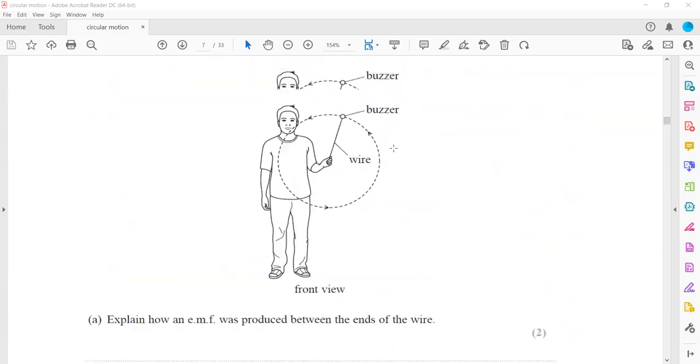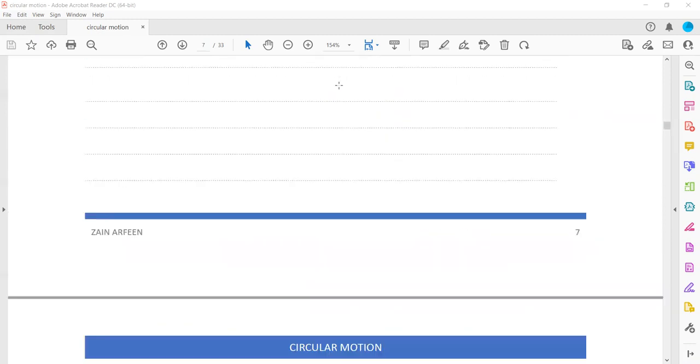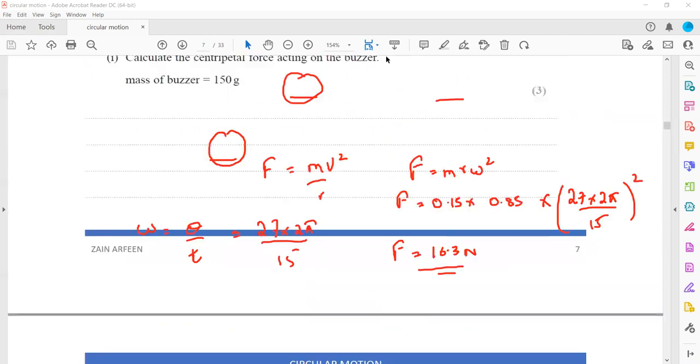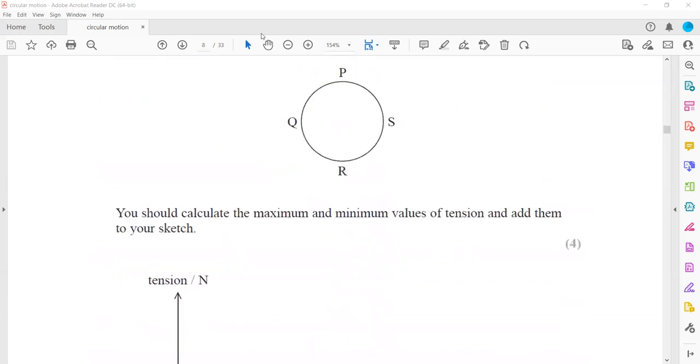So first, how can we work out the maximum and the minimum values? We calculated the centripetal force, so the centripetal force should be 16.3. At all positions, the resultant should be 16.3. So 16.3 is the resultant.